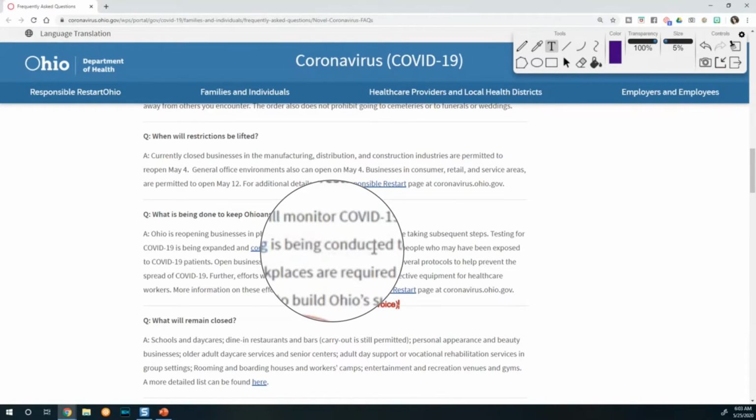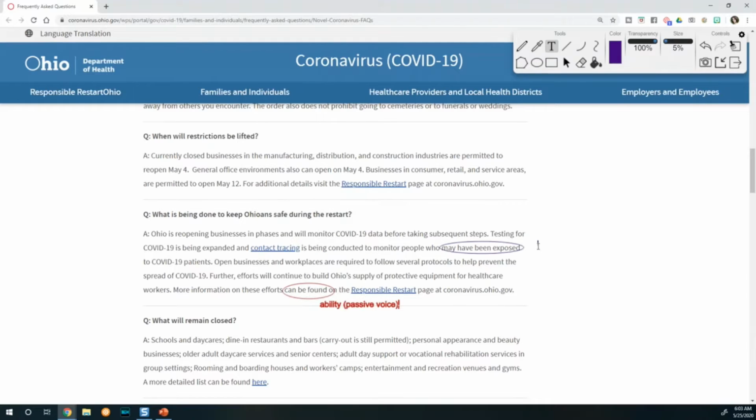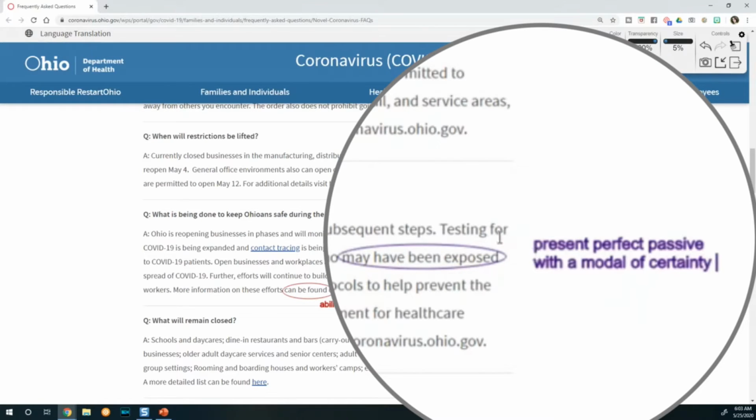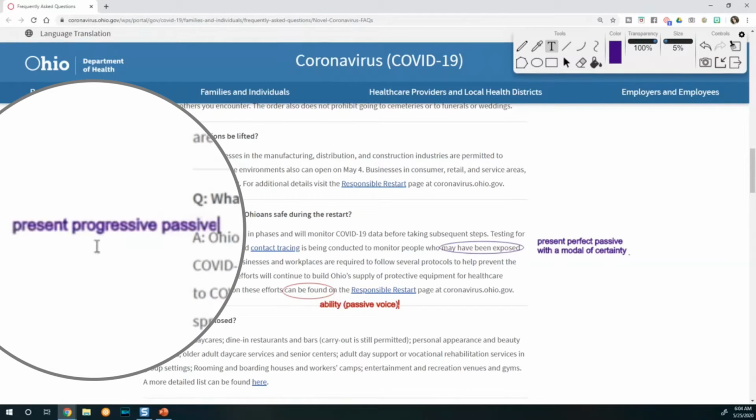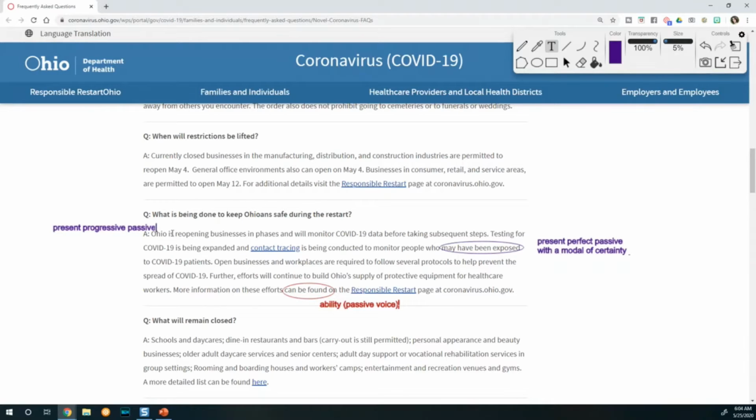Same here. Is being conducted. Is present perfect passive with a modal of certainty. So what you see a lot in this here is these ideas of present progressive passive to talk about what is being done right now by companies, by government, by businesses, workplaces.